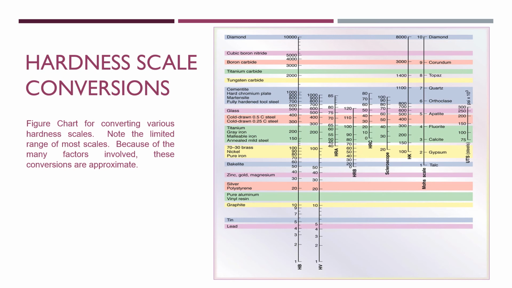For example, for annealed mild steel, the value is 150 HB if you use Brinell. For the same material, it is more or less 150 HV.